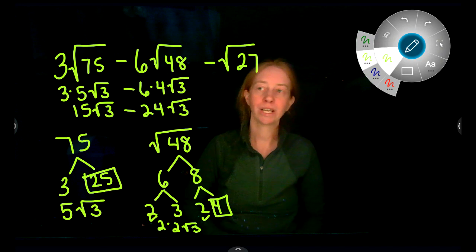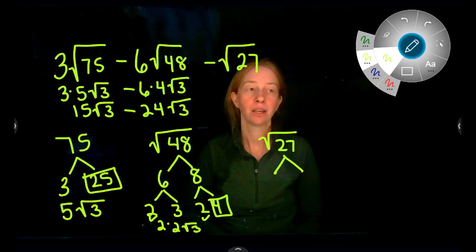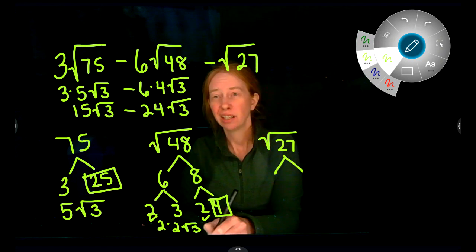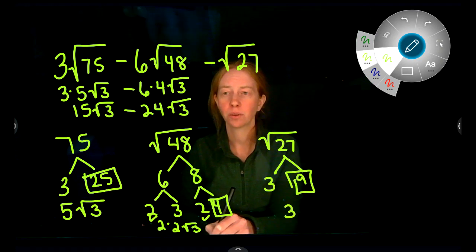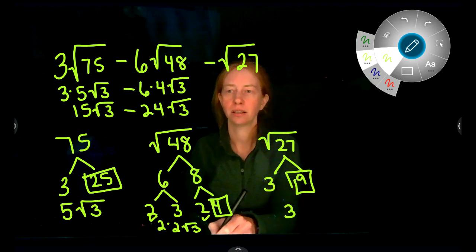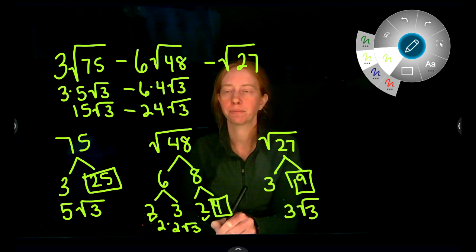Now I need to deal with the 27. So, the square root of 27. Are we having fun yet? Yes, we are. The square root of 27. 27 is 3 times 9, and 9 is a perfect square. So that's truly 3 from this 9 times the square root of 3, which is this leftover 3.